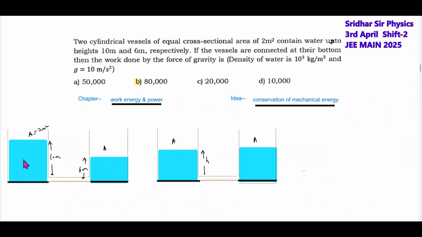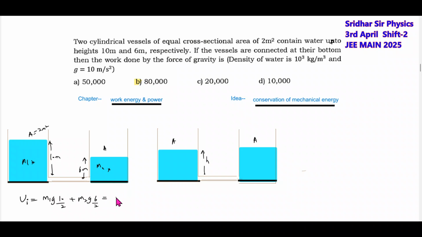Here the mass of the liquid will be m1, m2. The initial energy will be m1 g h by 2, h by 2 will be 10 by 2, because the center of mass of the left one will be at a height h by 2, plus m2 g, where the level of liquid is 6 meters, so the center of mass will be exactly at 3 meter, so this will be 6 by 2.